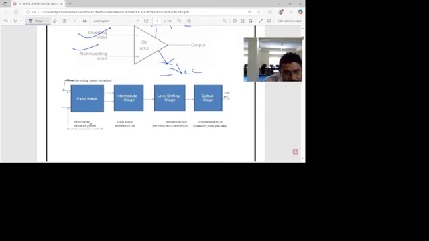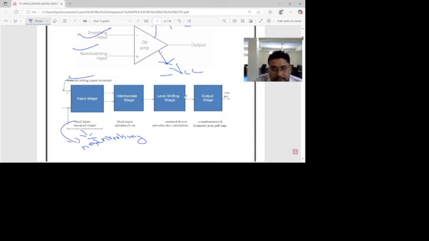Second is dual input, unbalanced output; balanced means both inputs are equal.